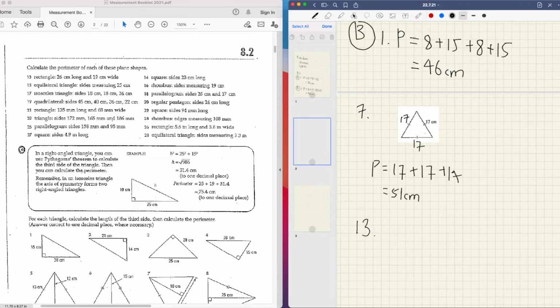So I'm going to draw a rectangle. So this is my rectangle here. It's not a perfect rectangle, but it's good enough, okay? So it's 26 centimeters long and 19 centimeters wide, okay? So we know that it's a 26 by 19 rectangle.